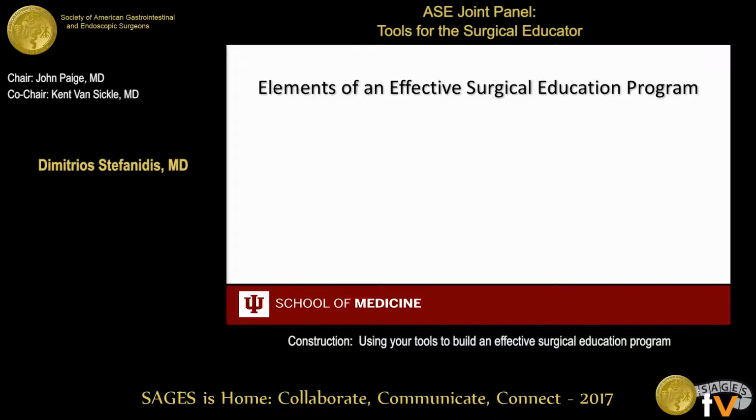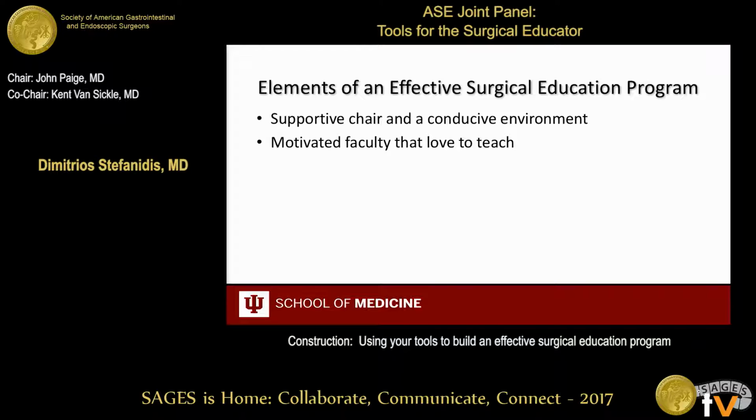So if you think about what really makes good surgical education programs, there's a number of components, right? I would start that you have to have a supportive chair and a conducive environment to education, and those are related. You have to have motivated faculty that love to teach, ideally.